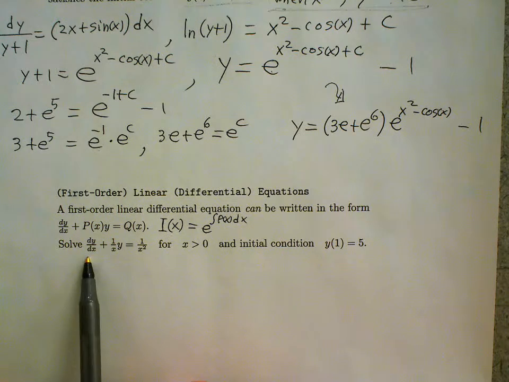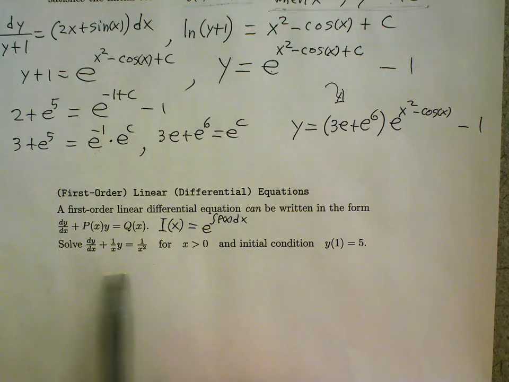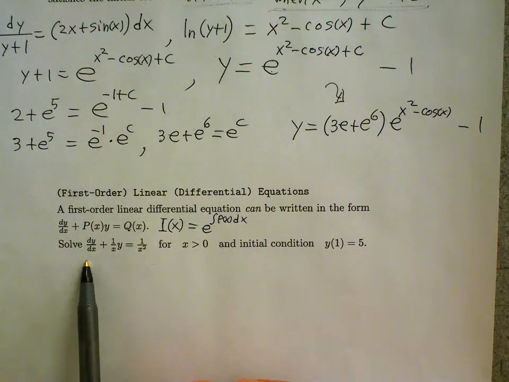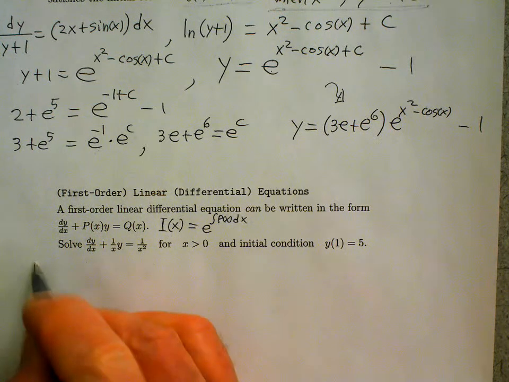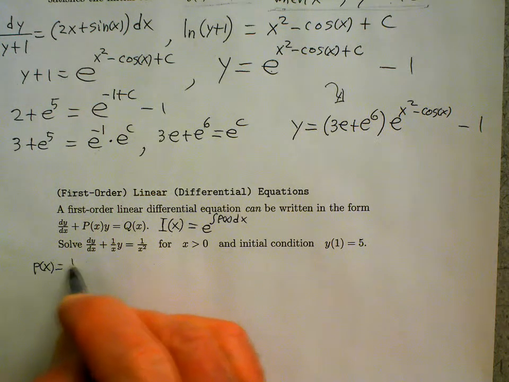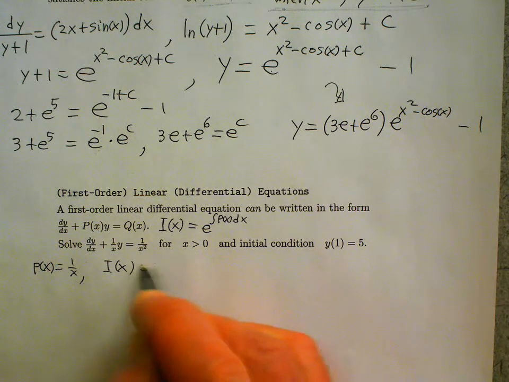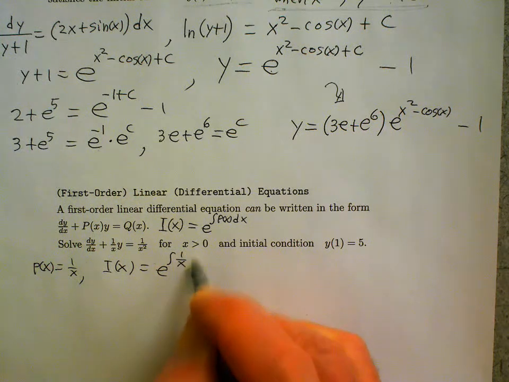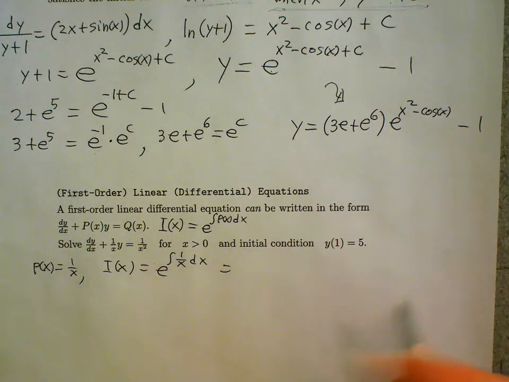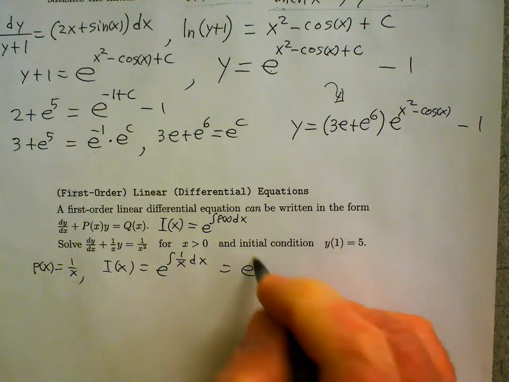Okay, so we're given a first order linear differential equation that's in the form that we want. So in this one, p of x is 1 over x. And so the integrating factor is e to the integral of 1 over x dx. But an antiderivative of 1 over x is the natural log of x.